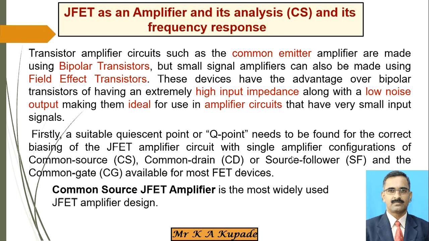Whatever the configuration may be, we have to find the Q point in a proper manner for biasing the JFET amplifier. That configuration may be common source, common drain or source follower, or finally the common gate configuration, right? For that we have to consider a suitable Q point.